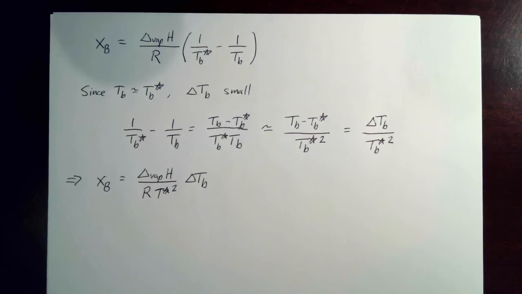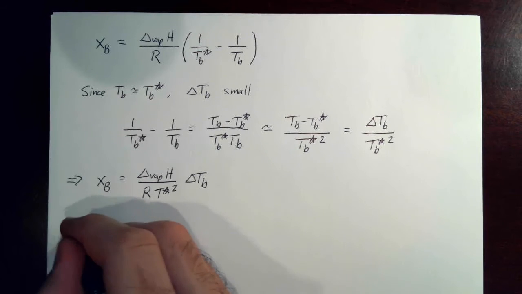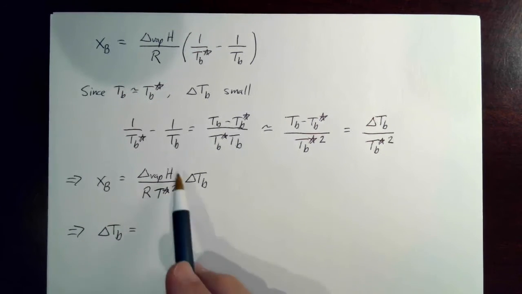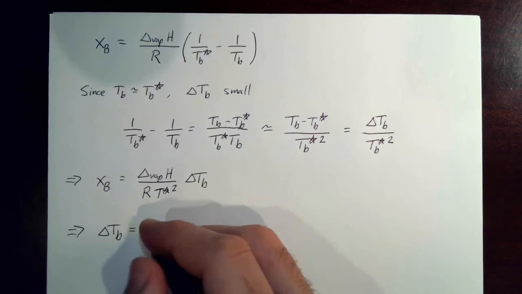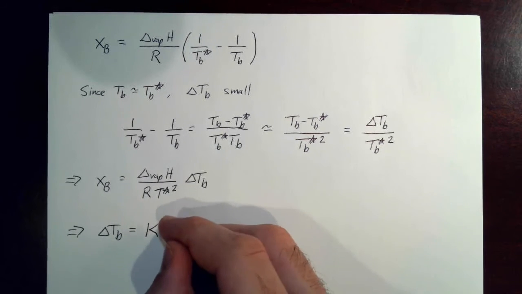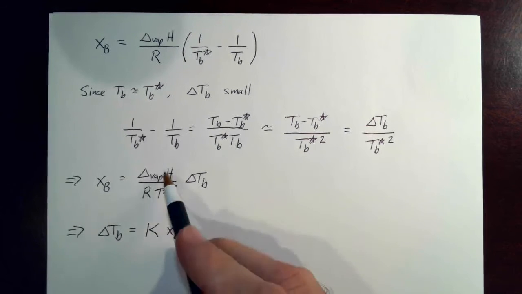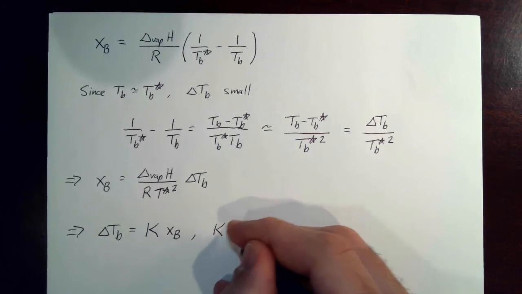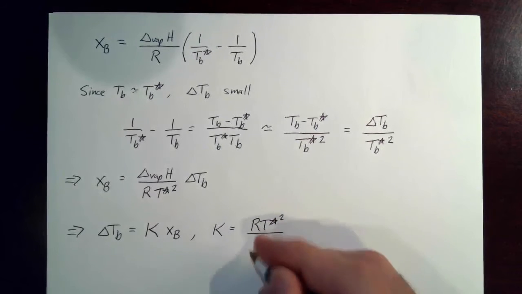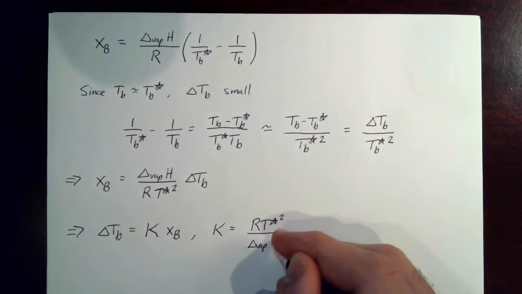And my last step now is I'm going to solve this for delta TB. So delta TB is going to be 1 over this times xb. So we're going to call this a constant K. This is 1 over this. So K is R TB star squared over the vaporization enthalpy.